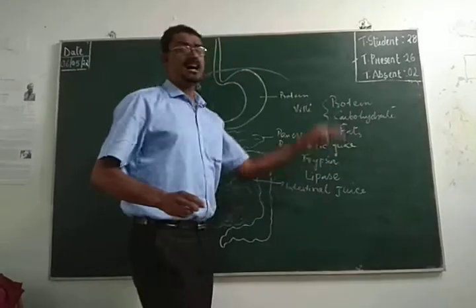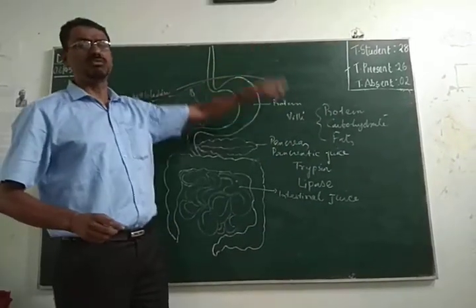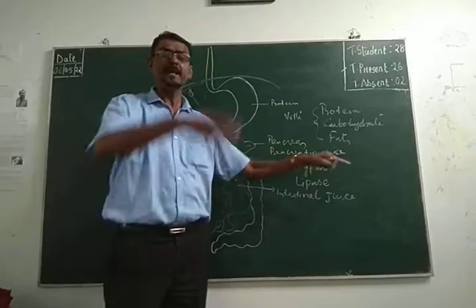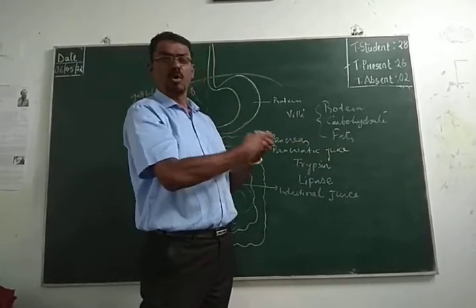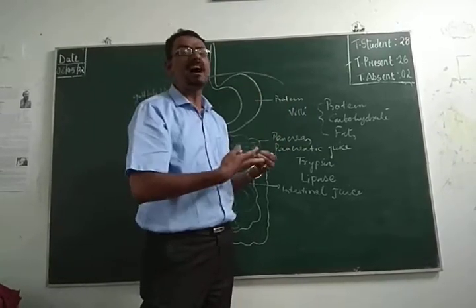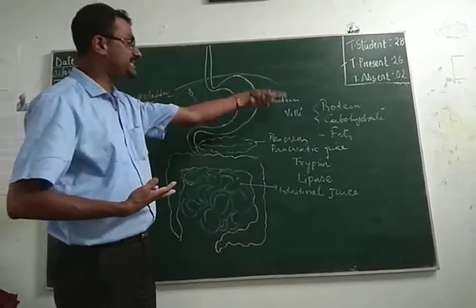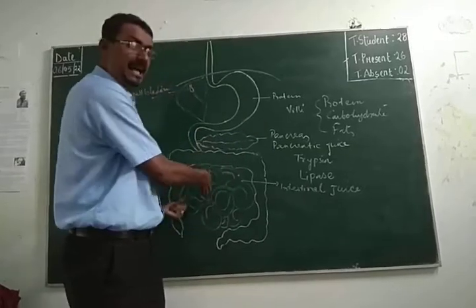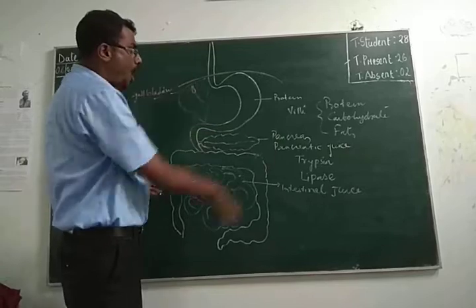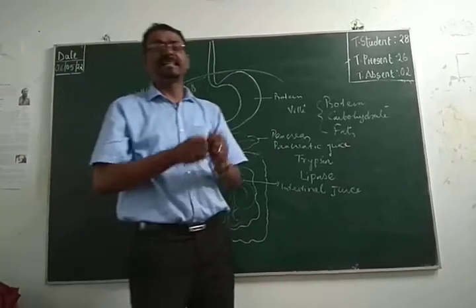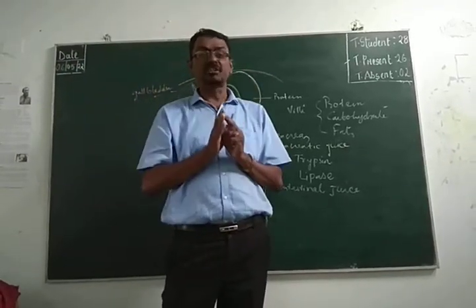These three are the most complex food material need to be digested, need to be much more easily simplified, and that process ultimately takes place in the small intestine. So this all we find in the case of liver and the small intestine.